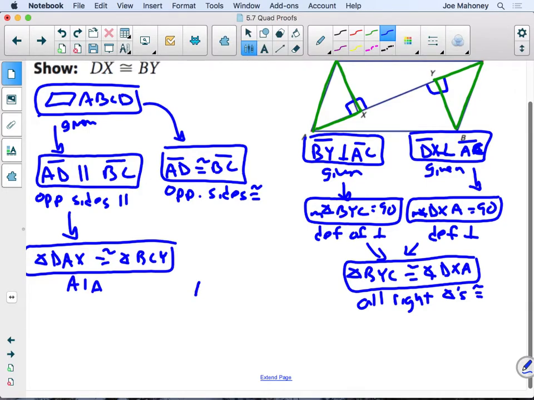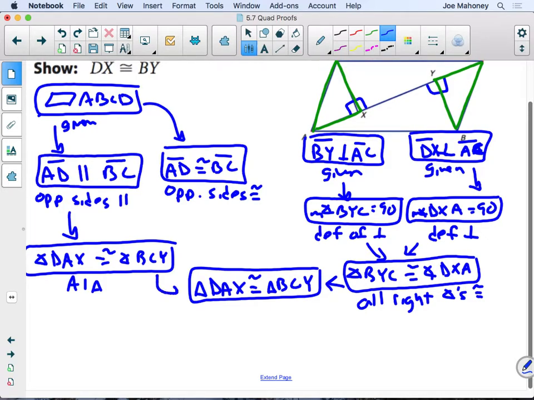Now I can say that triangle DAX is congruent to triangle BCY. And I can say that those triangles are congruent by angle, angle, side.